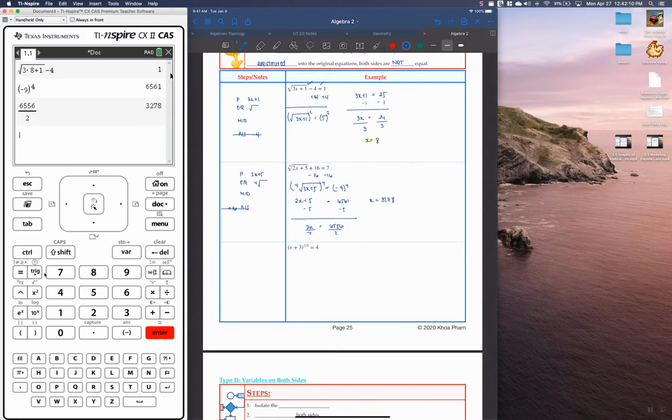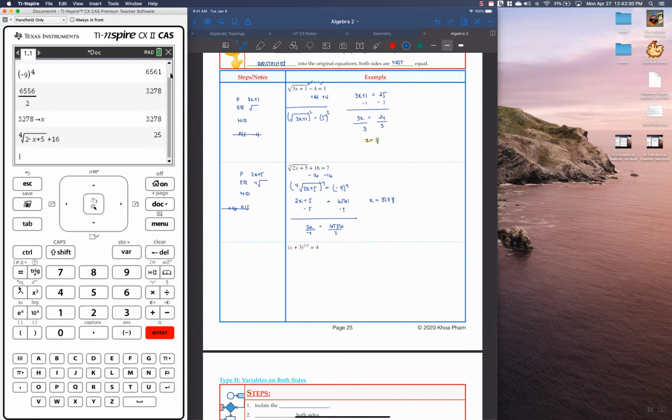And so if you plug it back in, let me use the store button this time. 3278. Let me store that into x. And then we can just check that the fourth root of 2x plus 5 plus 16 is equal to 7 or not.